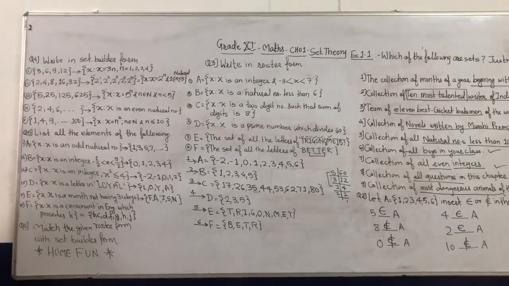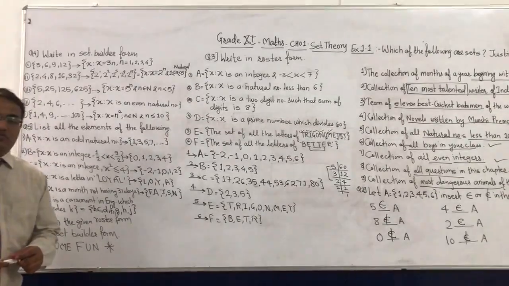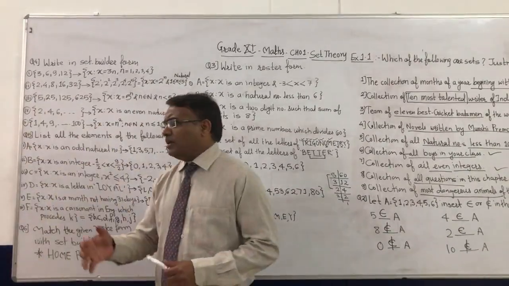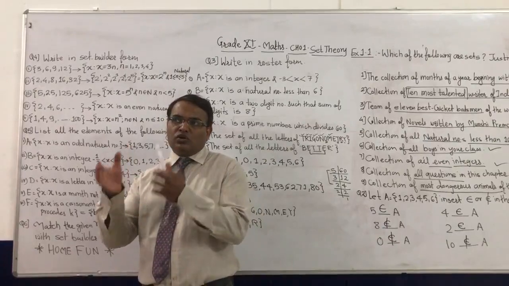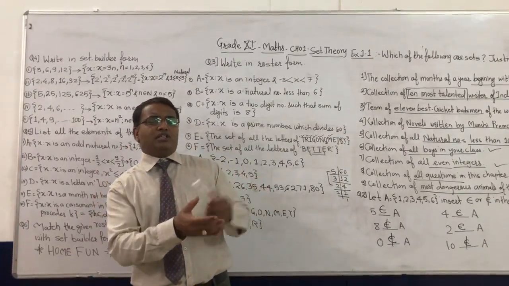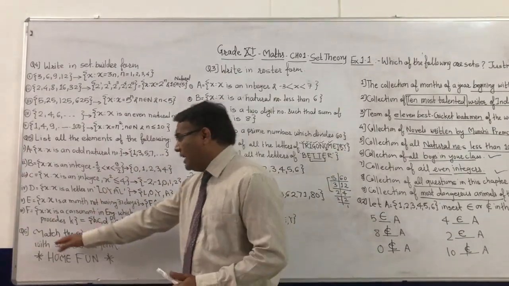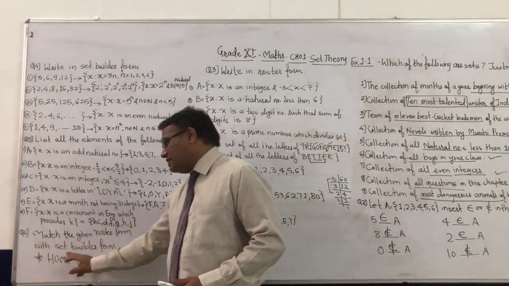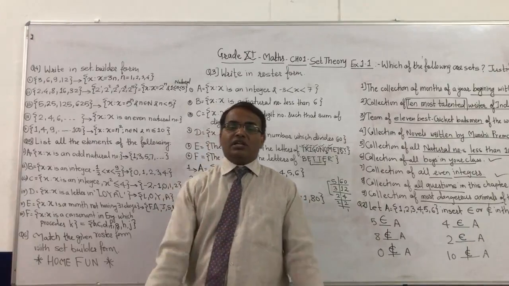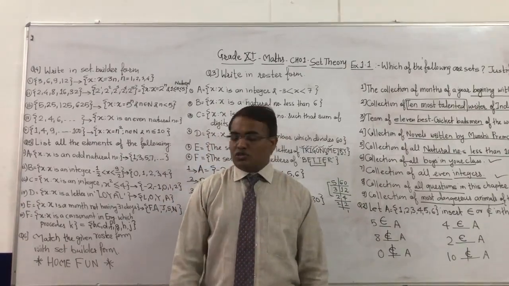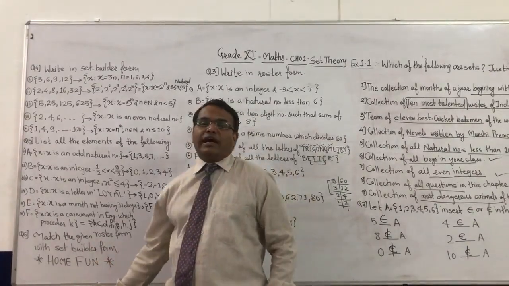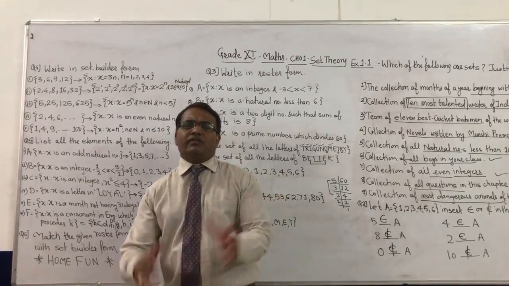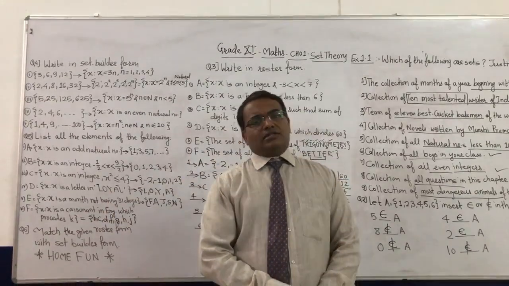Now question number 6 is again based on the roster form and the set builder form. Here both forms are given to you, and you have to match the given roster forms with the set builder forms already given in your textbook. So just match it at home. I am leaving this question for you as home fun.